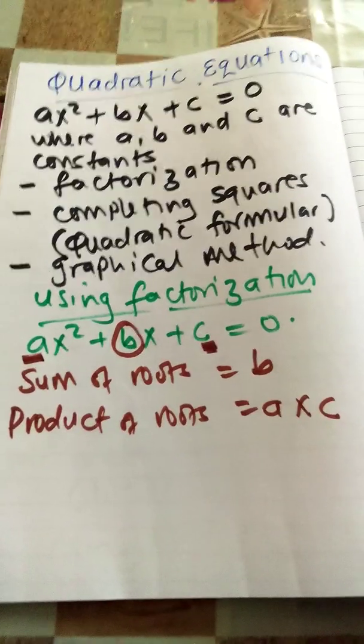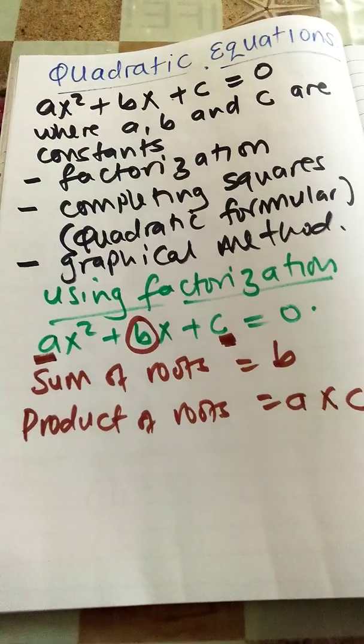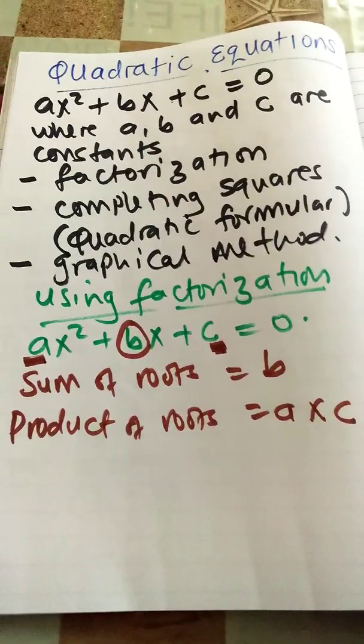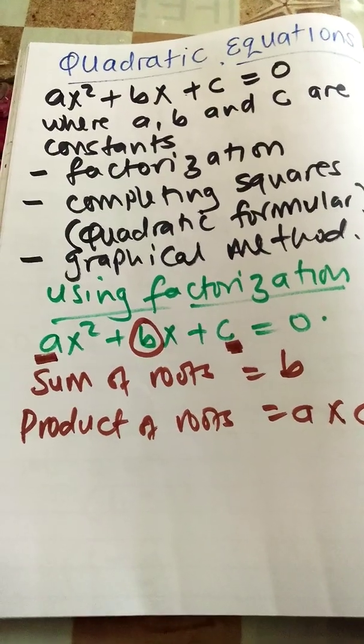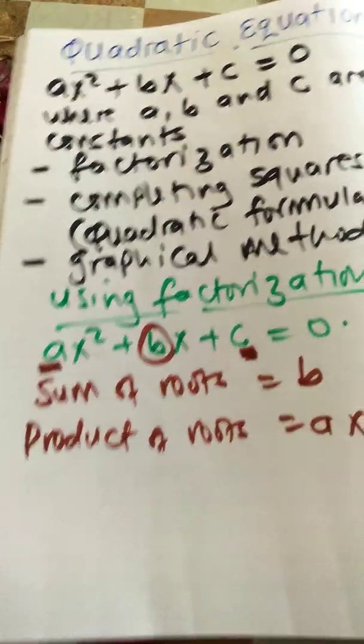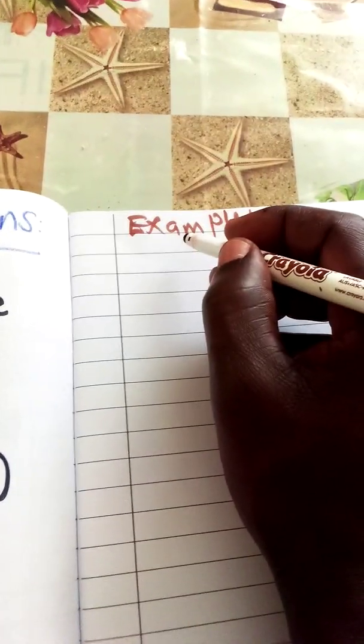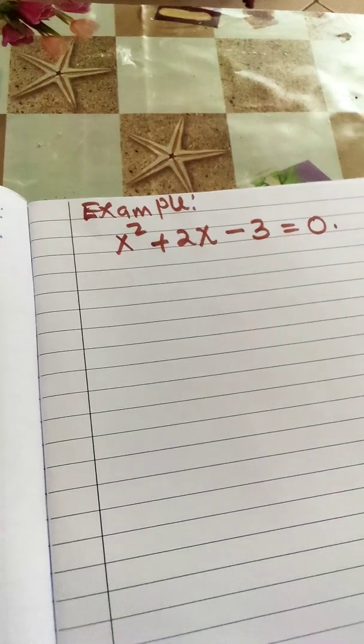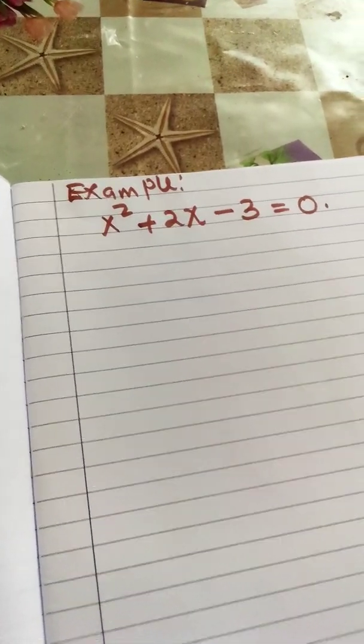For each quadratic equation you have, when you are going to use the factorization method, look at the sum of the roots and the product of the roots. Let's take an example. If we have the quadratic equation x squared plus 2x minus 3 equals 0.